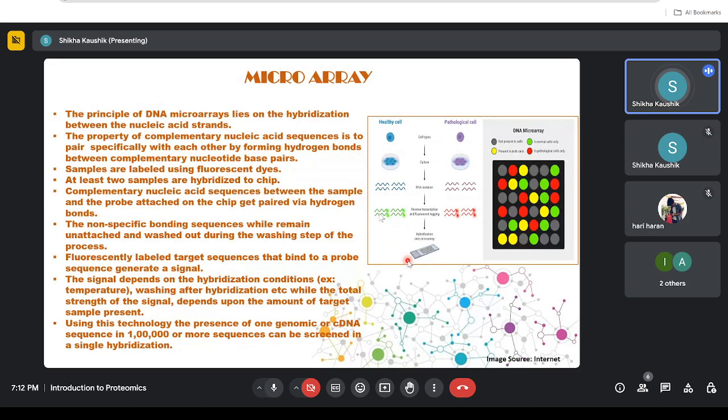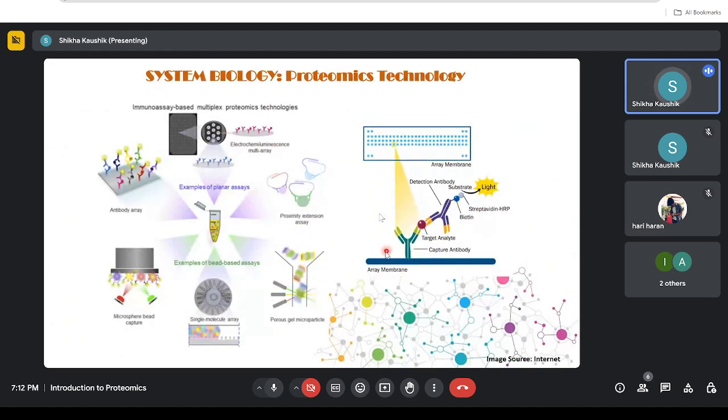So one of the strands is bound to your array. Something is bound, either an antibody or DNA oligos, which binds to one analyte present in your sample. And once it is bound, you get a signal, and that signal ensures that the analyte you are looking for is present in your sample.